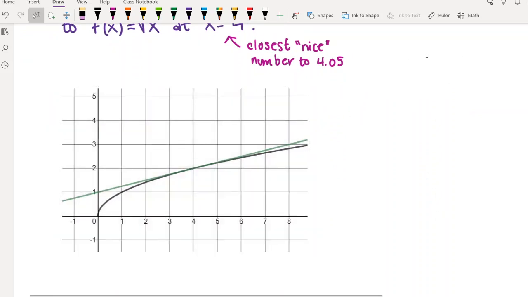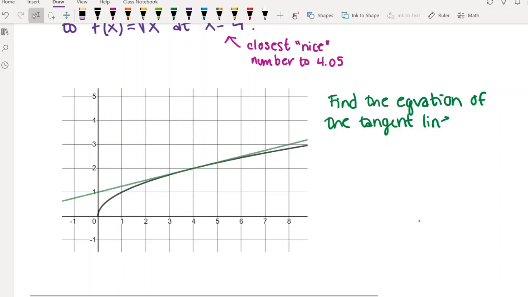So let's actually find the equation of the tangent line. So how do we do that? Well, we need to find the derivative in order to find the slope of the tangent line. So if our original function is f of x is equal to square root of x, that means the derivative is going to be 1 over 2 square root of x.